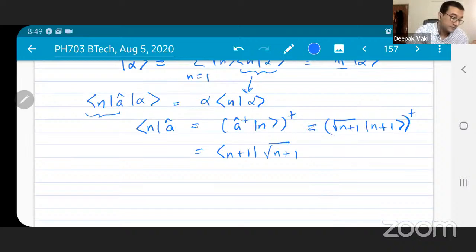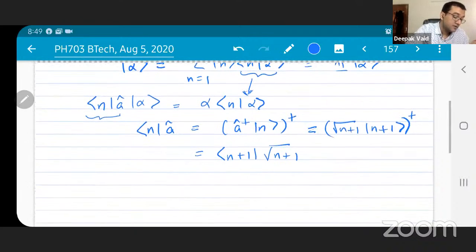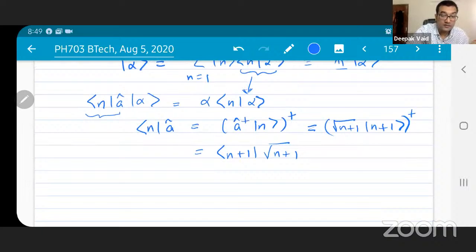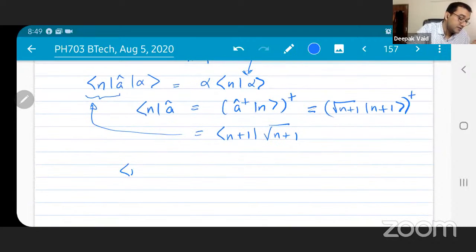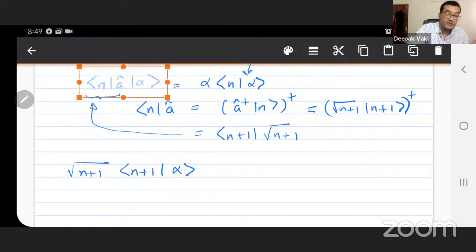And then I substitute this expression back here, right? I can bring the root n plus 1 out because it's just a number, contracted with alpha, which is this expression.